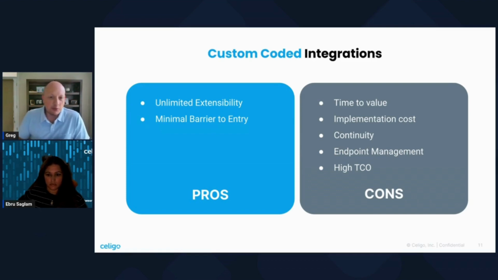The next one is endpoint management. Some of these systems that we're integrating with, such as an Amazon or a Shopify, are big companies with very robust and complex APIs, and you can spend a lot of time learning that API. And then once you learn it, you have to continually maintain the connection to the API.